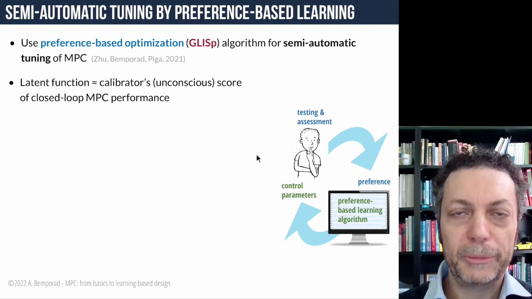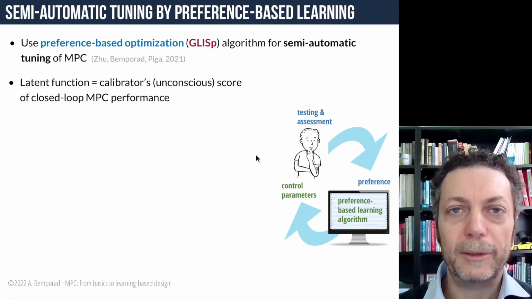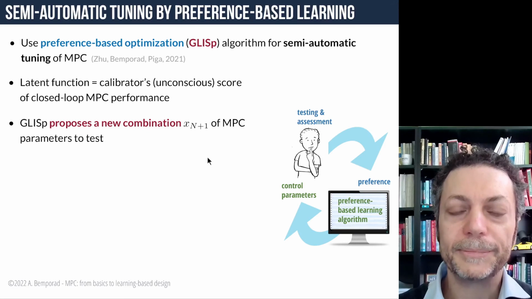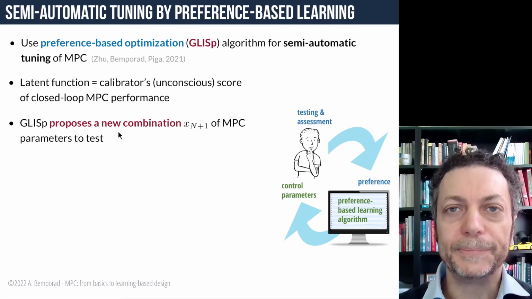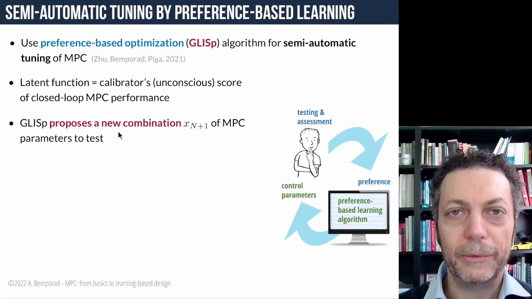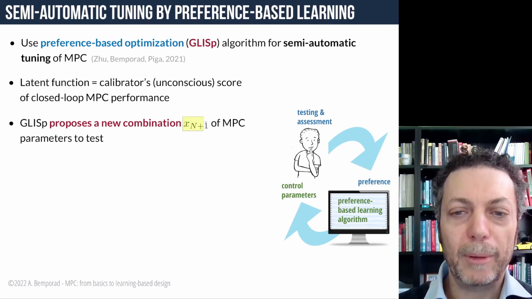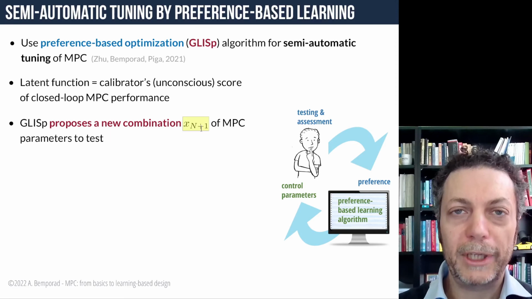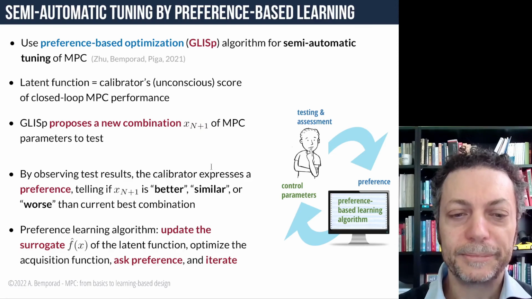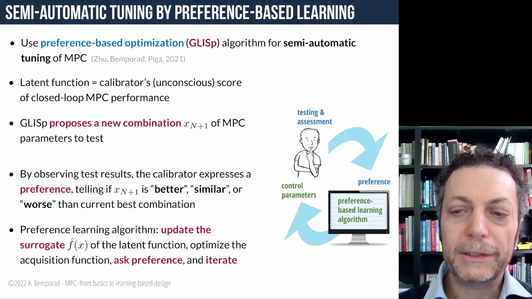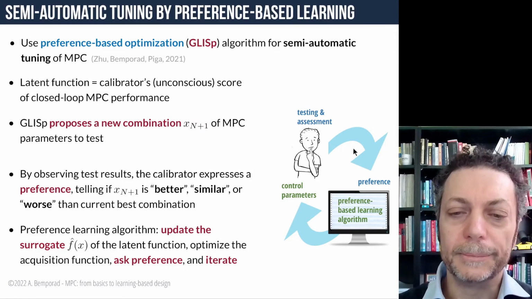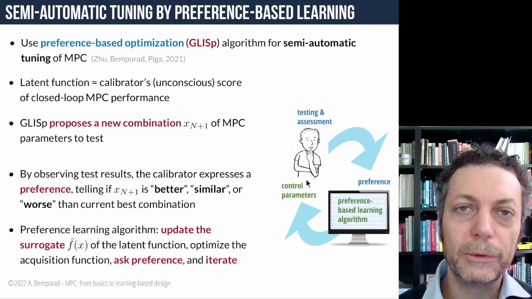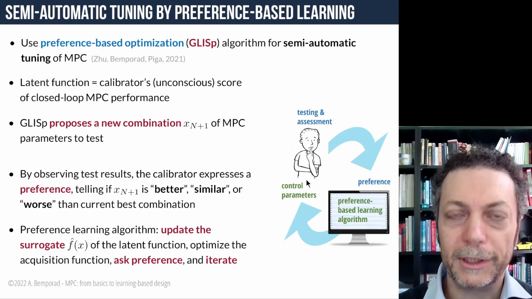And then, using the new preference values, refine the estimation of the latent function f and optimize the surrogate function together with an exploration term, so as to come up with a new guess for what the optimal combination of MPC parameters should be, which you then pose as a new query to the calibrator to make a new assessment, and so on. Okay, and this converges not necessarily to the global minimum, but to a good point in general. Actually, it would converge to the global minimum if you could run an infinite number of queries.